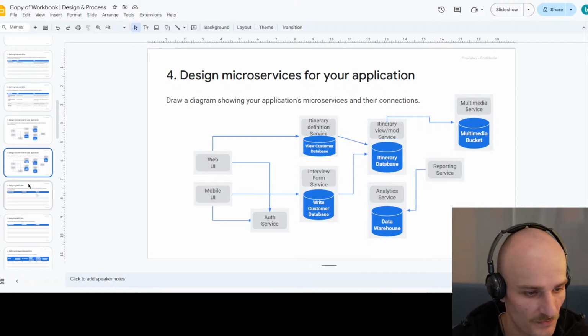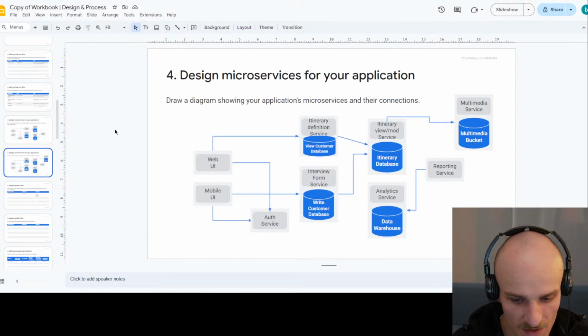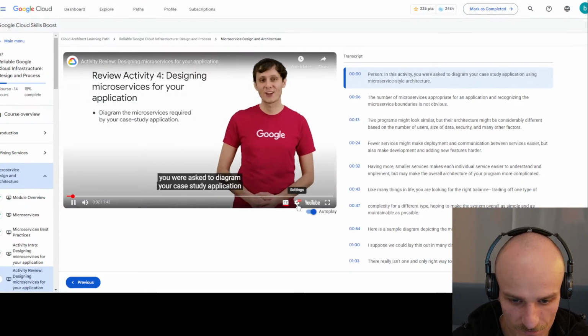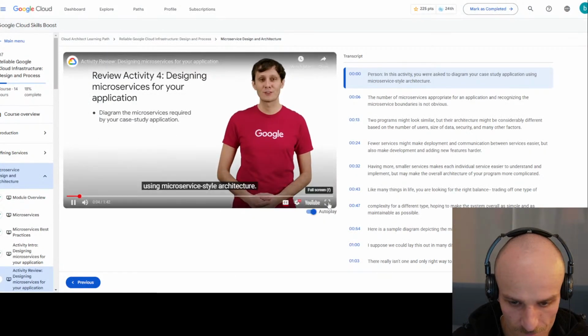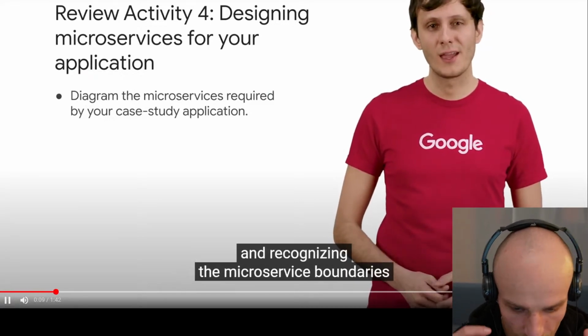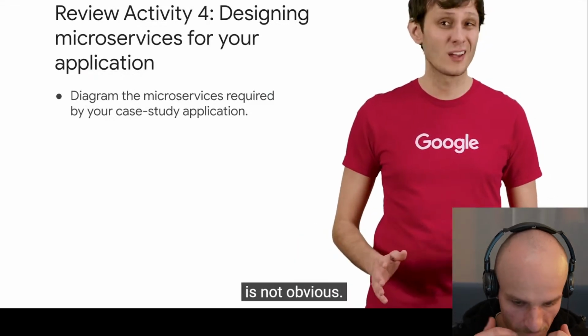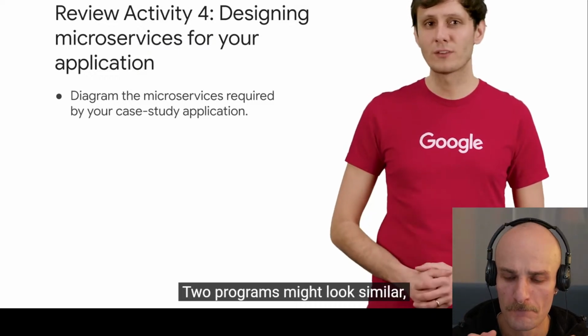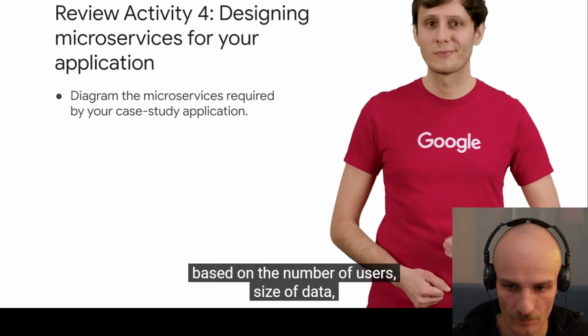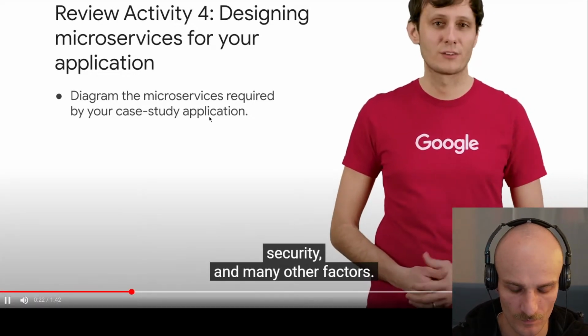Okay. Therefore, this is another exercise. We can continue with these videos. You were asked to diagram your case study application using microservice-style architecture. The number of microservices appropriate for an application and recognizing the microservice boundaries is not obvious. Two programs might look similar, but their architecture might be considerably different based on the number of users, the size of data, security, and many other factors.